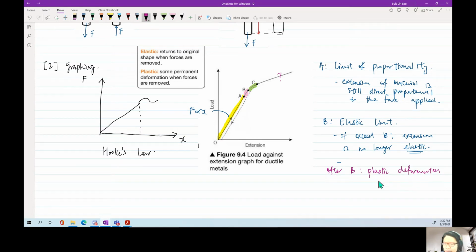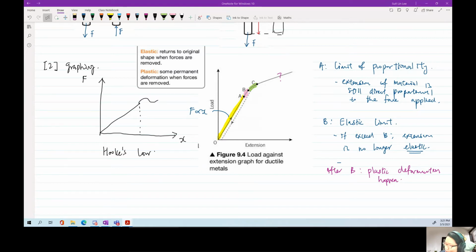This is for ductile material. Not all material is ductile. Sometimes they are brittle, for example glass. If the material is brittle, then the shape of your stress strain graph will be quite different.